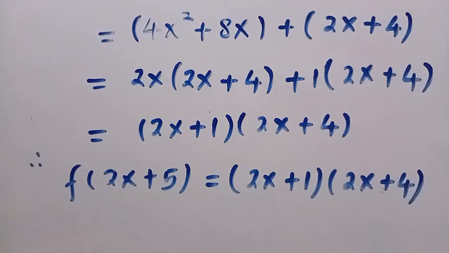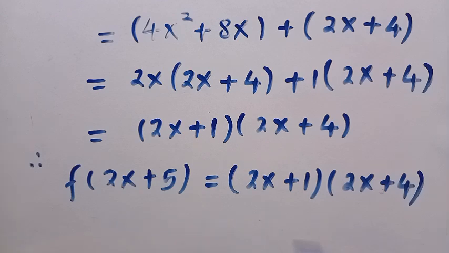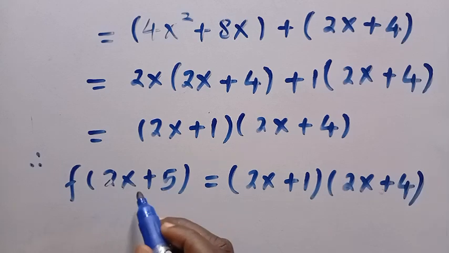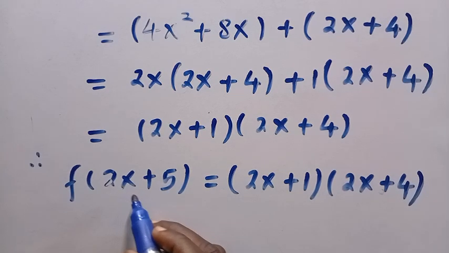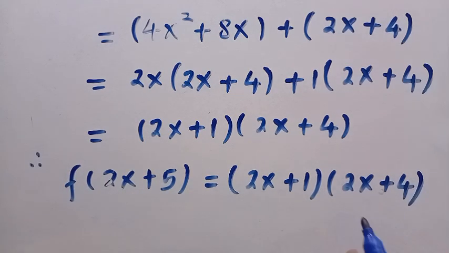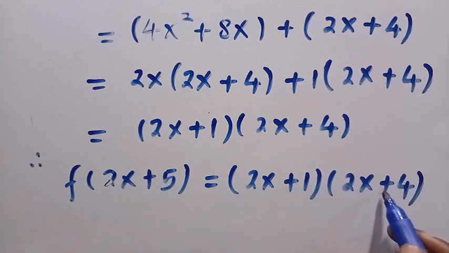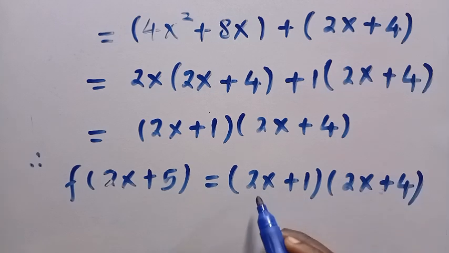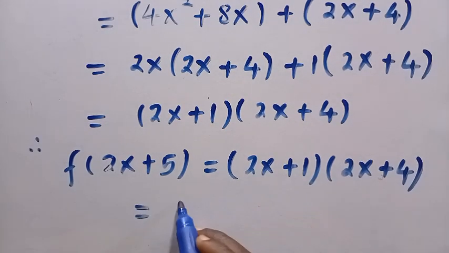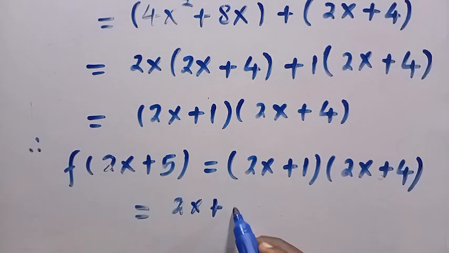Then it is now left to manipulate this so that everything here is having 2x plus 5, since here is the domain and we have to make this look the same as this. Here is 2x plus 5, and here is 2x plus 1, and here is 2x plus 4. So we have to change this one to 2x plus 5.